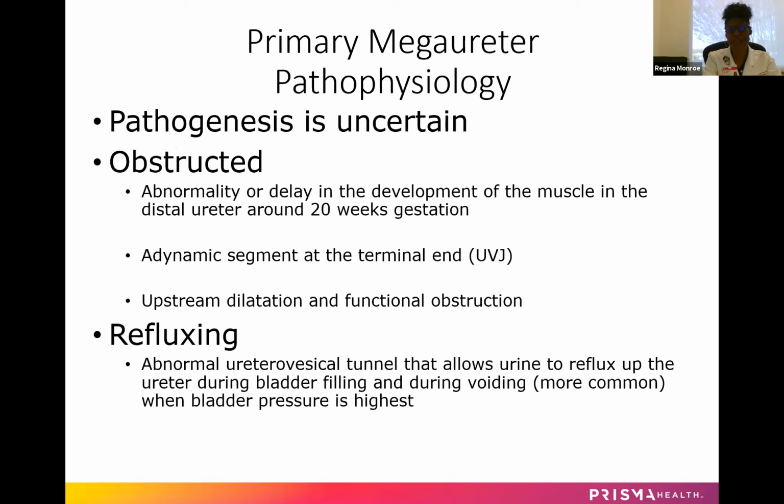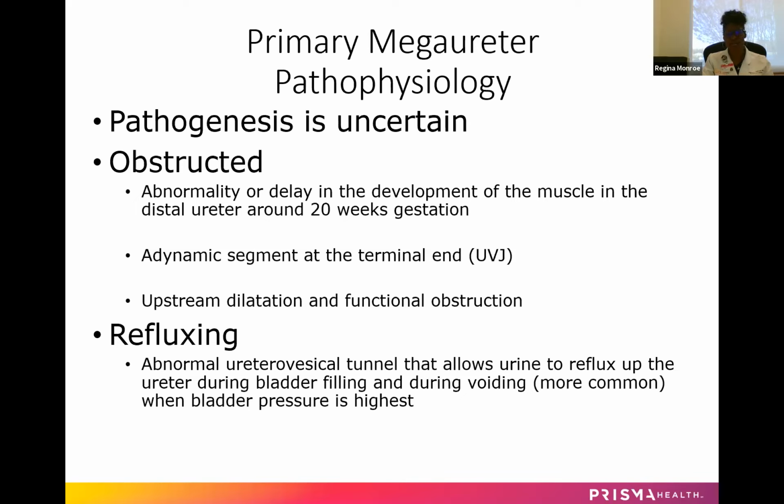The pathogenesis is largely uncertain, but we'd like to think that with obstructed megaureters, there is some abnormality within the muscular development of the distal portion of the ureter. This happens around 20 weeks of gestation, such that we have an adynamic segment at the terminal end of the ureter at the ureterovesical junction. And again, we see this upstream dilatation with functional obstruction as the urine is static within that dilated ureter.